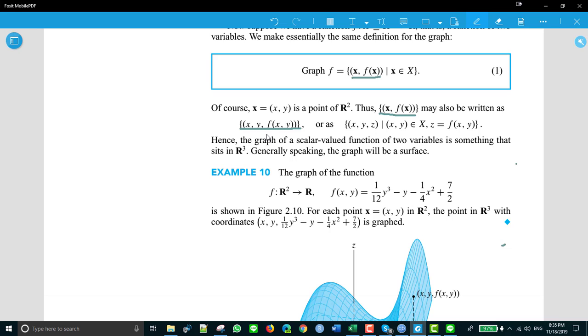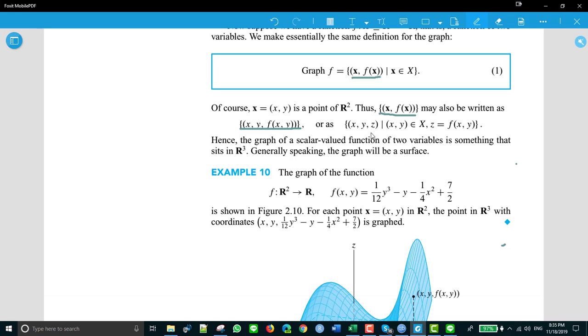Now, before we saw that the previous example was in 2 space, but the figure itself was one-dimensional. Now the graph from R2 to R is going to be in 3 space, as we see here, because there's 2 commas there. So you have first variable, second variable, third variable, or we can write it like this.